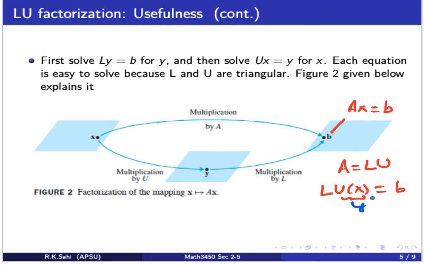In order to solve this, first you multiply y with L on the left-hand side and you get the matrix B. Then you go ahead and solve Ux equals y. So multiplication by U gives us X.